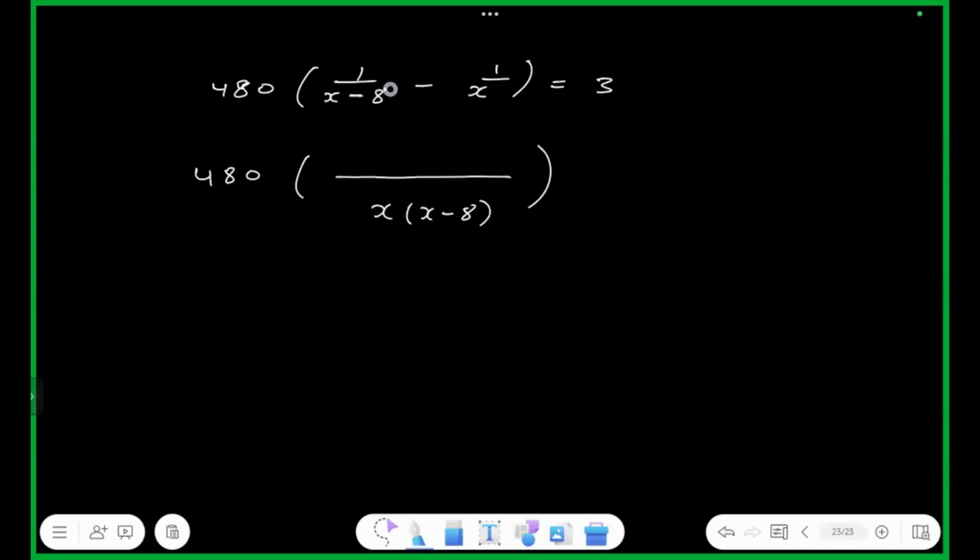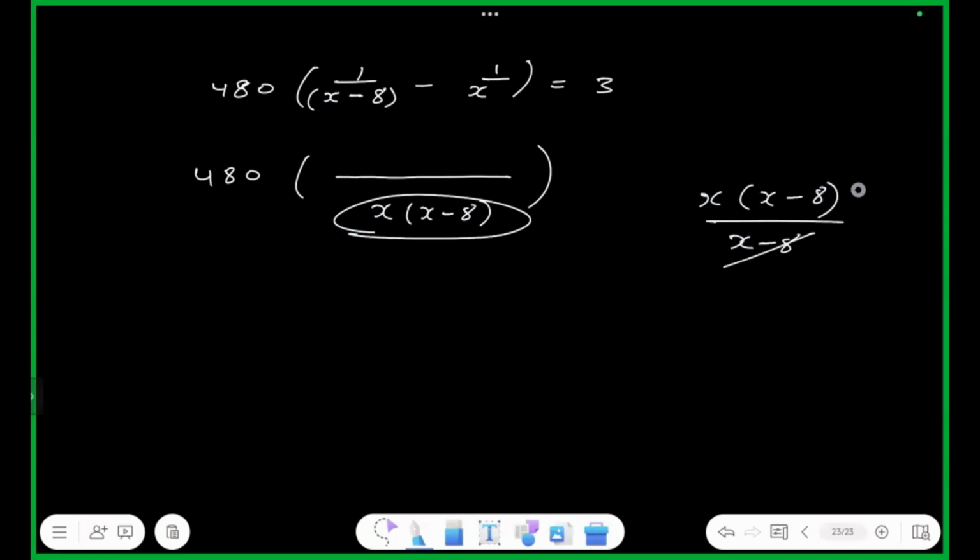Now, like we deal with numbers, first I will divide this whole thing with this. Okay, so x into x minus 8 divided by x minus 8, what I will get? x. So x will get multiplied with this numerator. Okay, 1 multiplied by x, so I will get what? x here. Got it? Then negative sign.